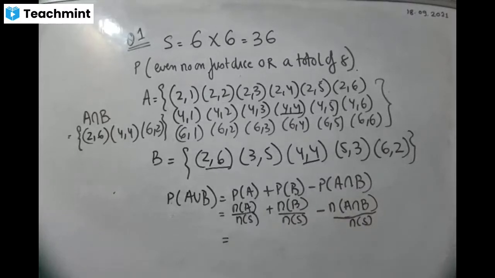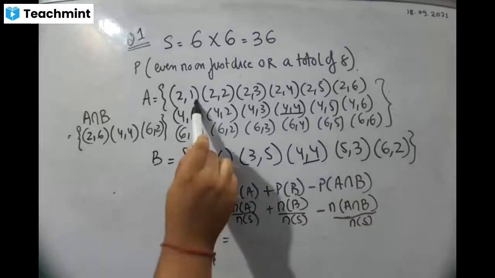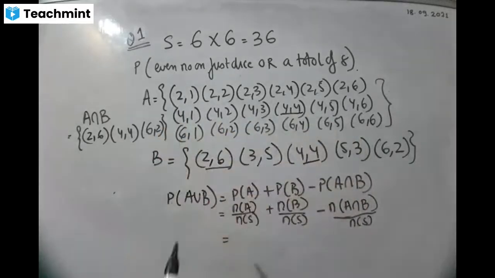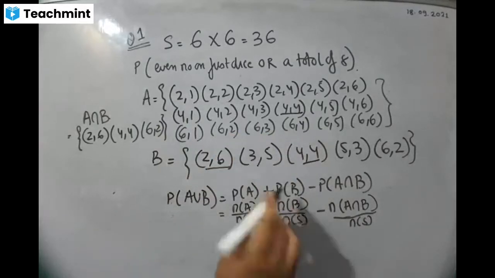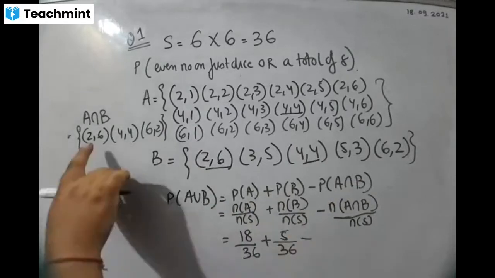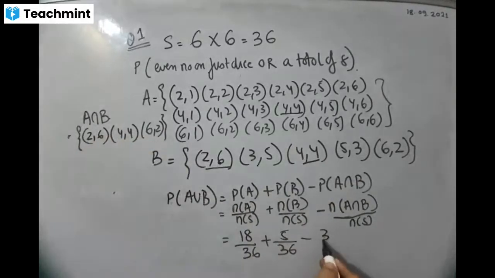N भनेको number of elements in A. Just count 1, 2, 3, 4, 5, 6. 6 eta, 3 eta. 6 3s are 18. 18 S ma you already know 36 plus N of B 1, 2, 3, 4, 5. 5 by 36 minus A intersection B ma 1, 2, 3. So 3 by 36.